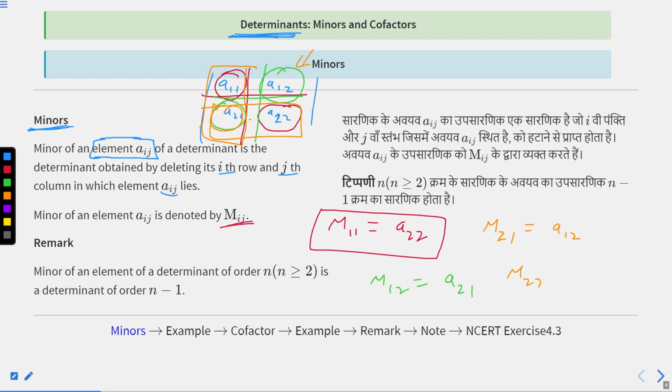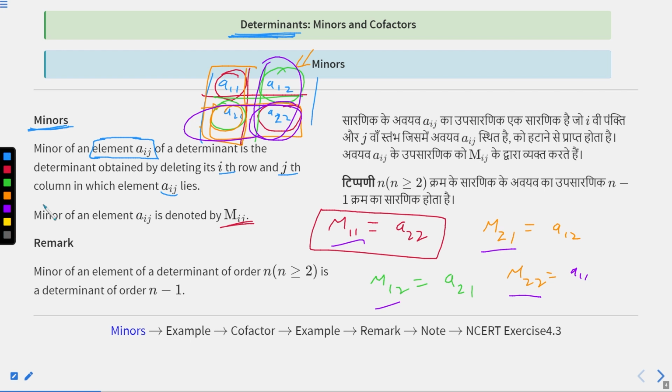What about M22? Quite simple, you eliminate this row and this column, and you are left with A11. So these will be your minors. Very simple to evaluate.